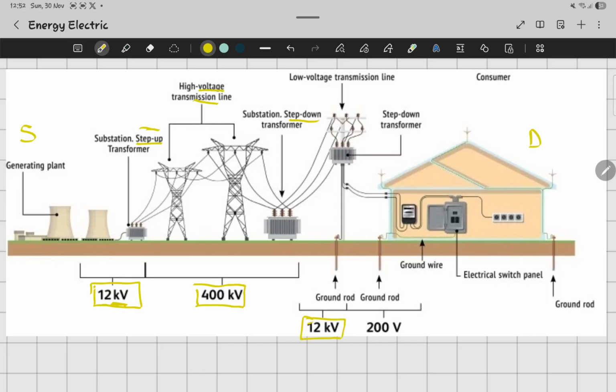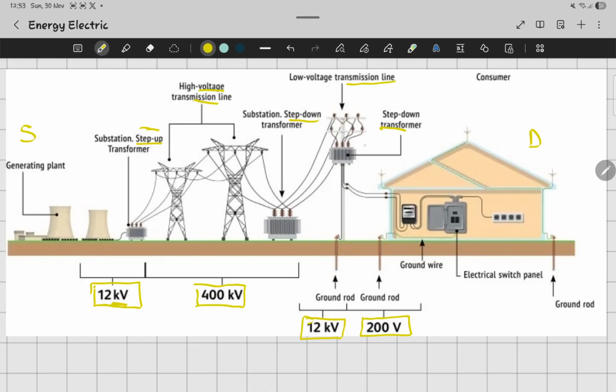Then after getting to the step down transformer, we're going to go to the distribution lines that you see here. So in short, we should be able to get this electricity into our homes. We're going to step down the voltage again, so that our home can receive approximately 200 volts.